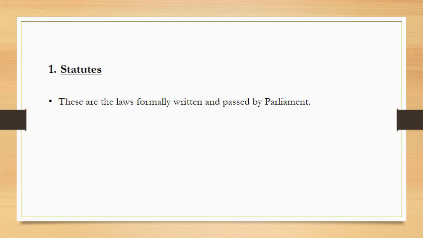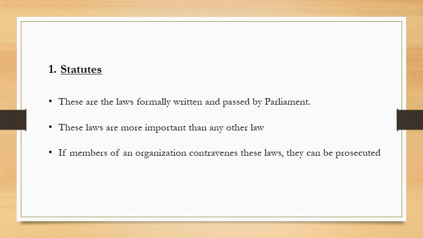You can't do it. Like I said, more important than any other law, and breaking these rules will lead to prosecution. So please, if your organization decides it's okay to kill people in its constitution, it's illegal, because the statutes of the country take preference over anything else.